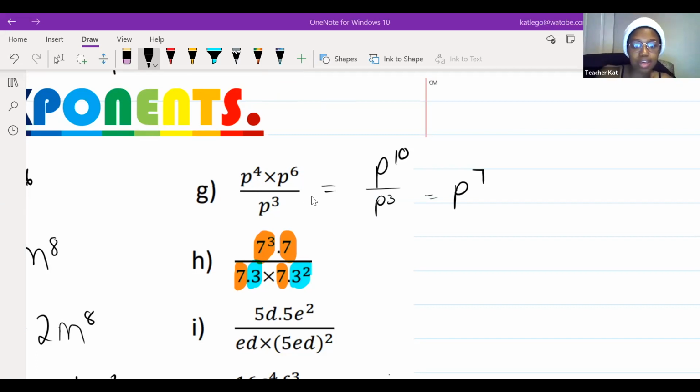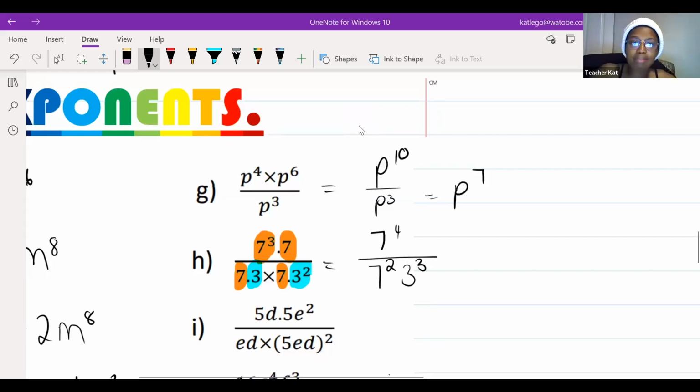Now let's deal with H. Let's deal with the sevens first. What is the exponent for 7 in the numerator? Let's first simplify the numerator. It will be 7 to the power of 4. And then what's the exponent for 7 in the denominator? So it'll be 7 to the power of 2, and the 3s give 3 to the power of 3. Beautiful. But now we can still simplify.